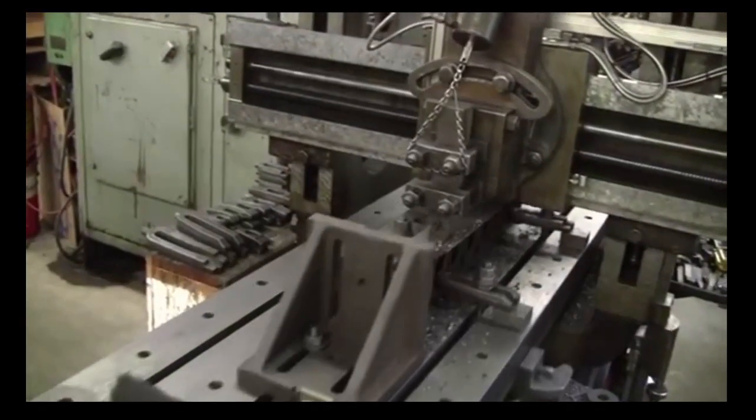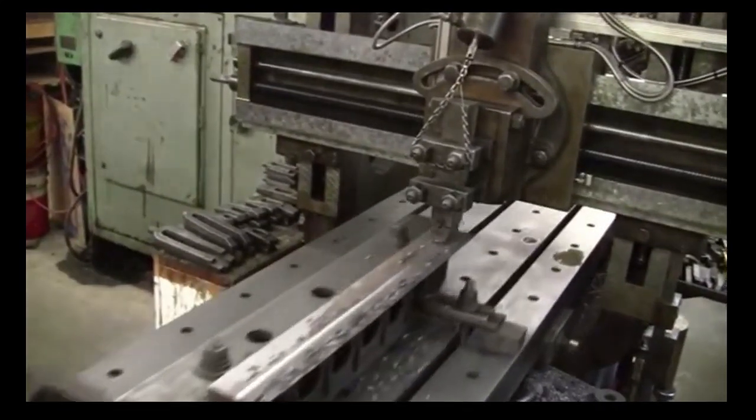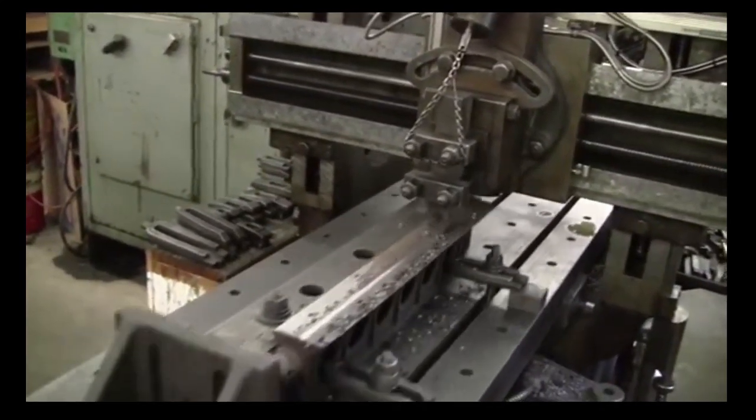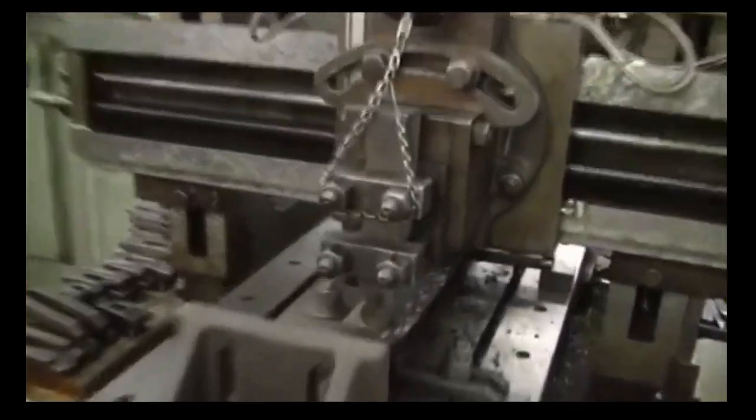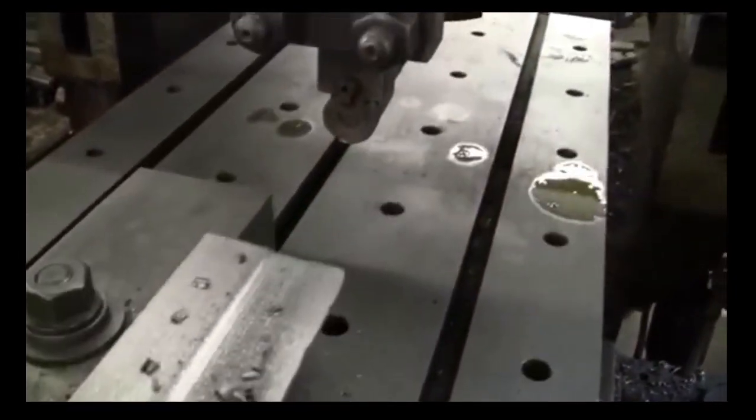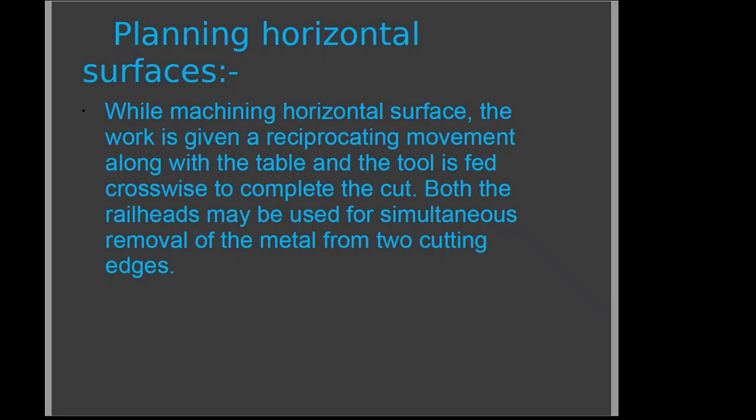After the return stroke, again the tool is given a cross feed movement. For machining a horizontal surface, the workpiece along with the table will be given a reciprocating movement along a horizontal plane. After one cutting stroke and one return stroke, the tool will be given a feed movement. That is called cross feed movement of the tool.